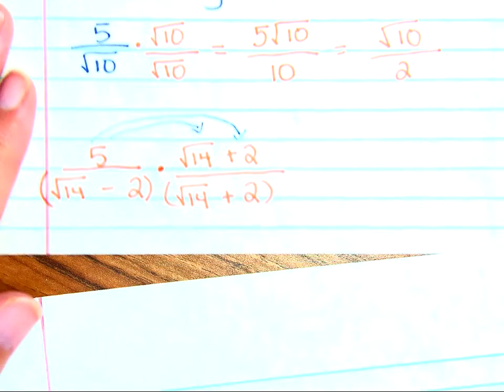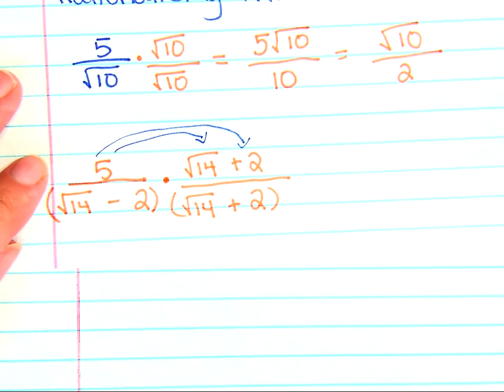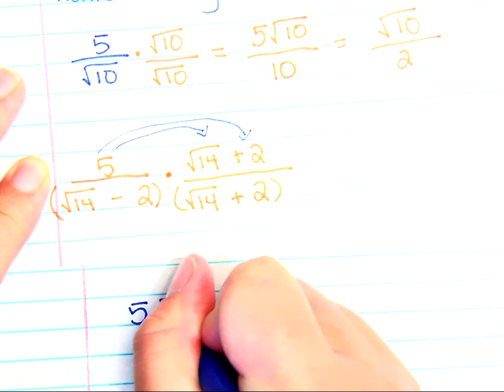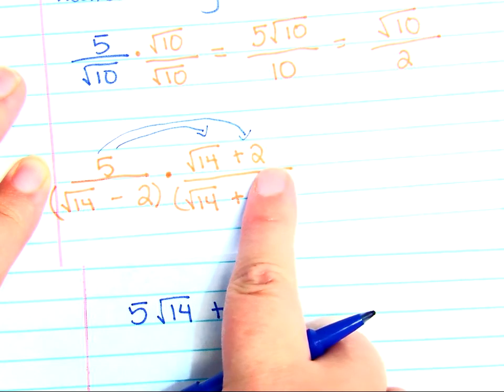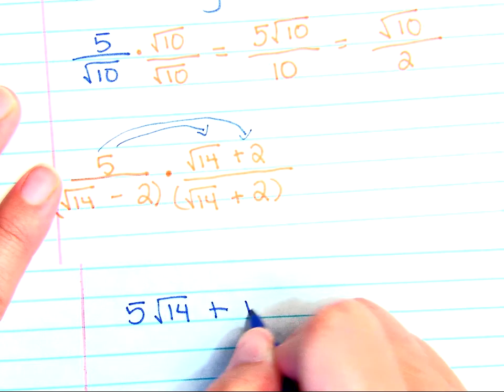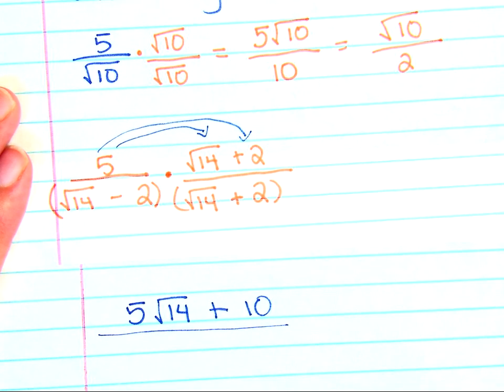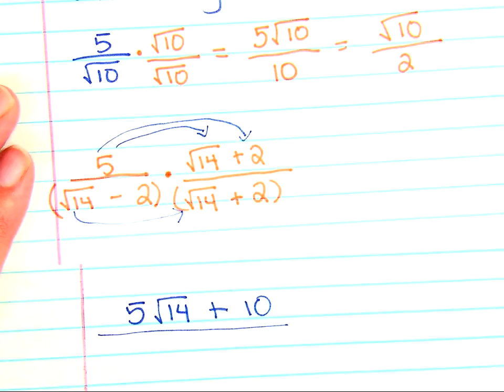So we've got 5 times the square root of 14 on the top. Can't do anything with that. Plus 5 times 2, 10, over. Like I said, this is a FOIL problem. So first would be square root of 14 times square root of 14, which should just be 14.